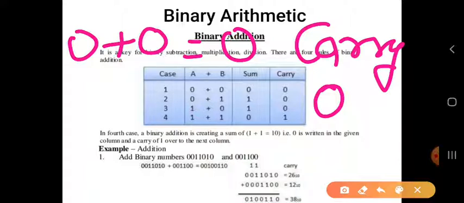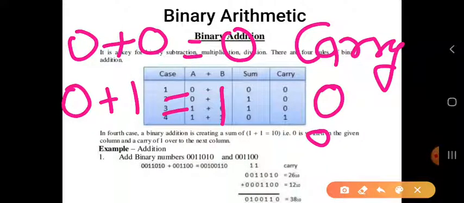Case 2 suggests if A is 0 and B is 1, that means if the first number is 0 and the second number is 1, then sum will be 1. And there will be no carry, because 0 has no value, 1 is 1, and when we add 0 plus 1, it will give you a 1. So there will be no carry.